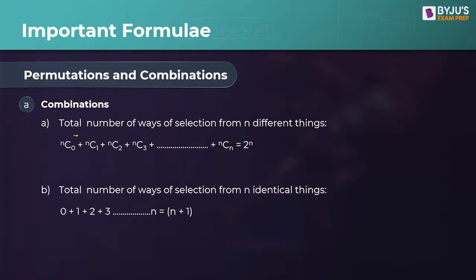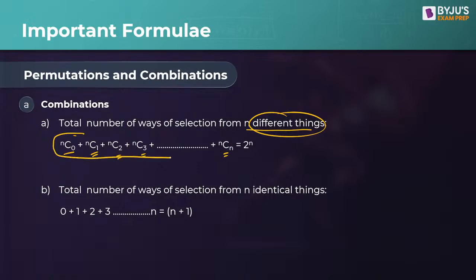Now this formula: total number of ways of selection from n different things. So you have n different objects, and the total number of ways of selecting 0 or more articles, since I don't know how many articles I have to select, out of n different articles, will be NC0, the number of ways of selecting 0 articles, NC1, the number of ways of selecting 1 article, then 2 articles, 3 articles, and so on up till n articles.